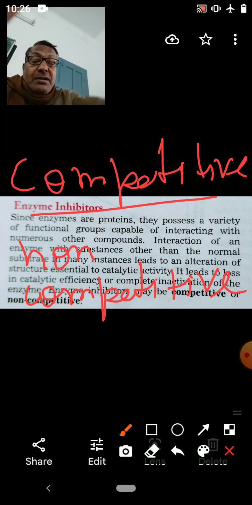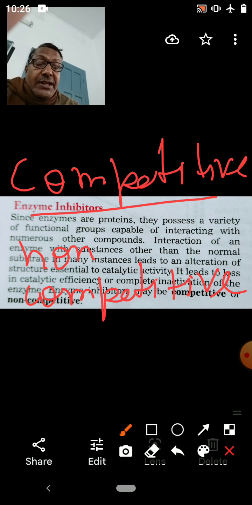Therefore, they combine with the enzyme to form an enzyme inhibitor complex, and when the enzyme inhibitor complex is formed, it is irreversible. After the formation of the enzyme inhibitor complex, the enzyme cannot catalyze the chemical reaction.